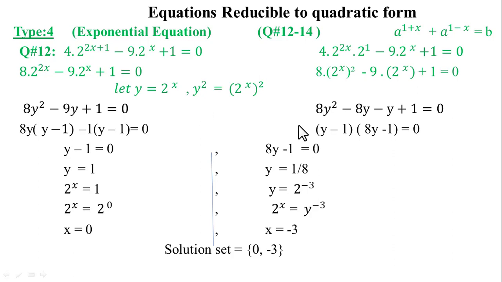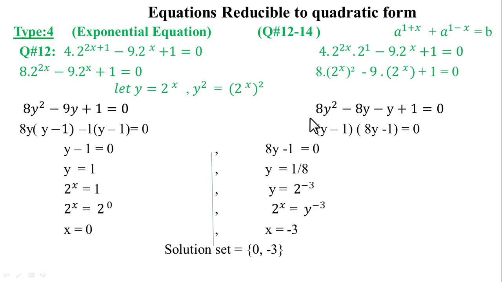Then we do midterm breaking: 8 ones are 8. So midterm breaking of 9 into 2 parts, whose product is 8 and sum is 9. We can split into 2 parts, minus 8 and minus 1. Minus 8 times minus 1 is 8, and when added, minus 8 and minus 1 give 9.